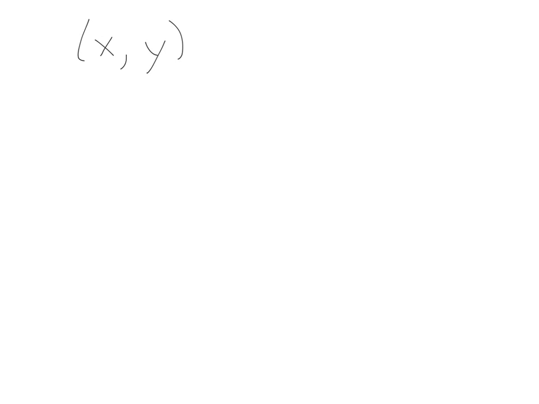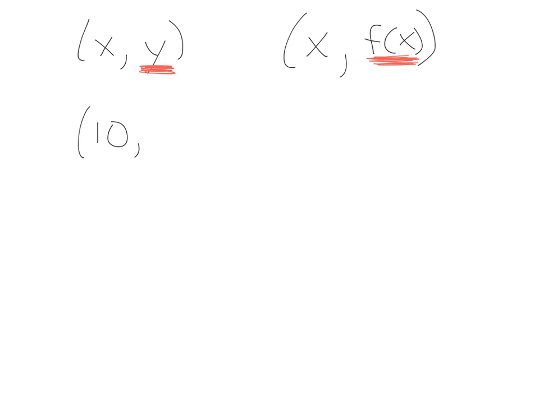Another way to write that is x, and then instead of y, f of x. So weird. So this, we've always called it y. Now we're learning this f of x. So if they give you this, let's back up.